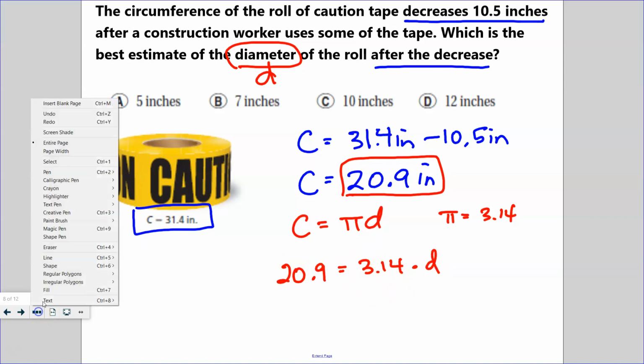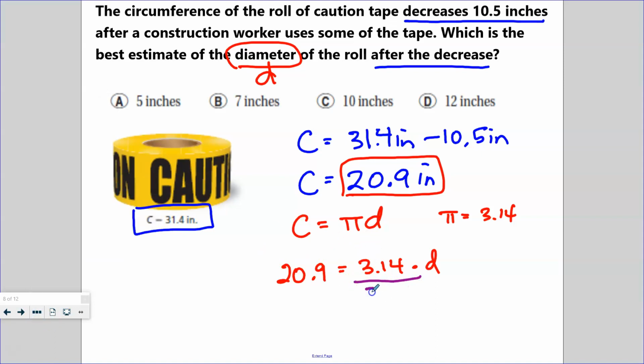In order to take off that 3.14 from the d, we need to divide by 3.14 on both sides. That gives us 1, d is left by itself. And then we say 3.14 on this side. So we say 20.9 divided by 3.14, and we end up with diameter equals 6.656.